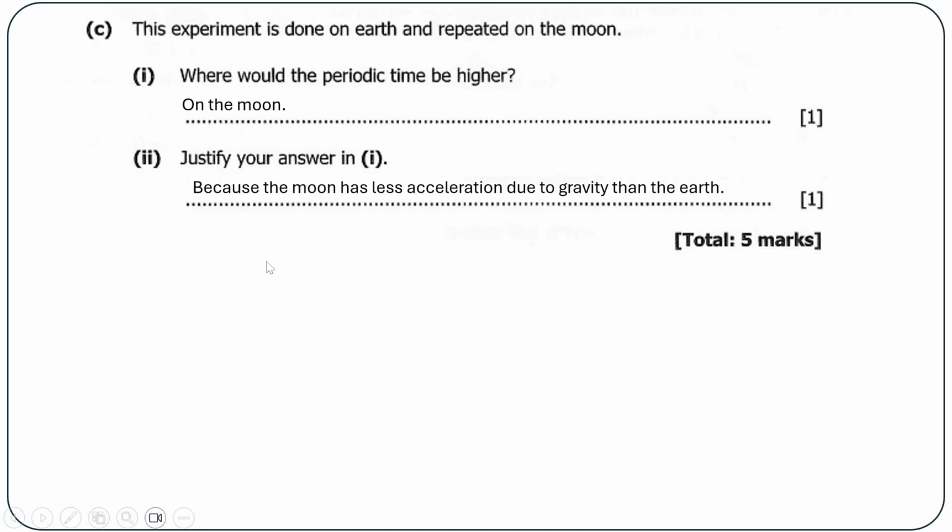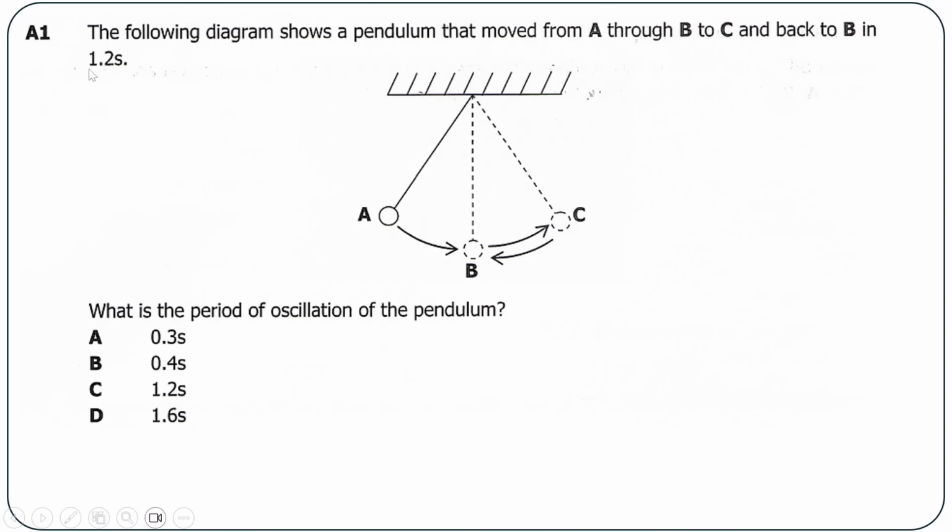Yeah. Then we come to this other question, which came in another year, which says the following diagram shows a pendulum that moved from A through B to C and back to B in 1.2 seconds. Okay, so the time that it took was 1.2 seconds. Then they're saying, what is the period of oscillation of the pendulum?